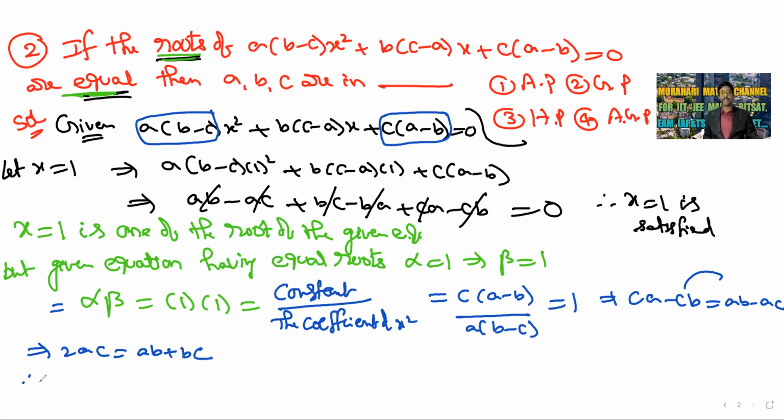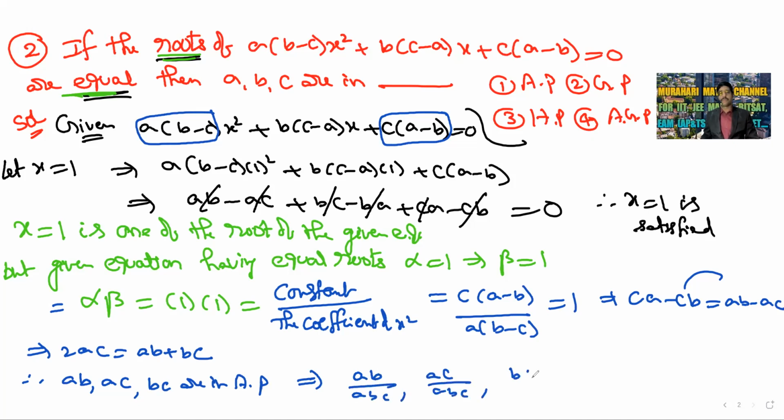Therefore, ab, ac, bc are in AP. So ab, ac, bc are in AP is nothing but ab by abc, ac by abc, bc by abc.